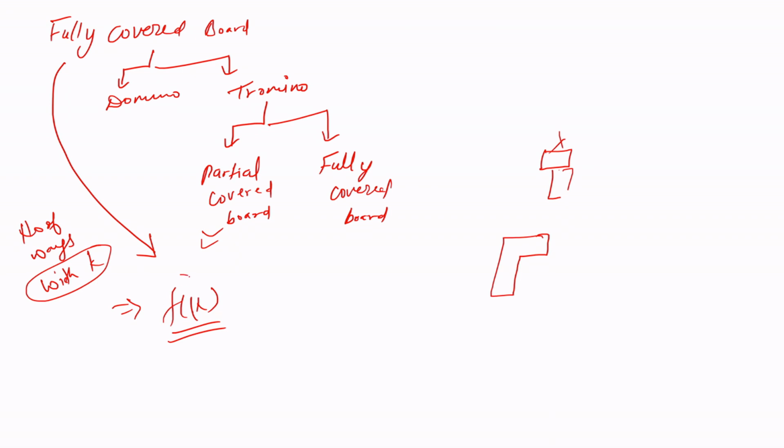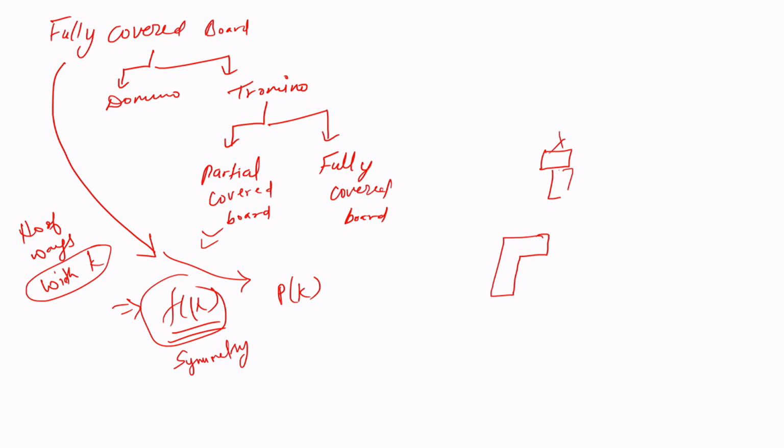Sorry, this is the symmetry, but if we take another one, p of k, we can take that. So this is our symmetry, and this is our fully covered board covered in a number of ways, that is width k.